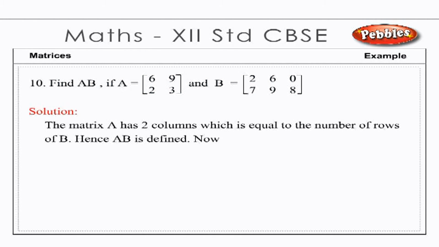The matrix A has two columns, which is equal to the number of rows of B. Hence, AB is defined.